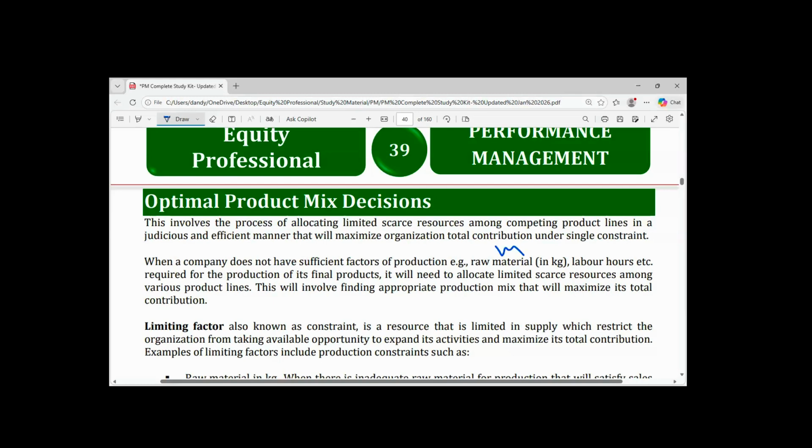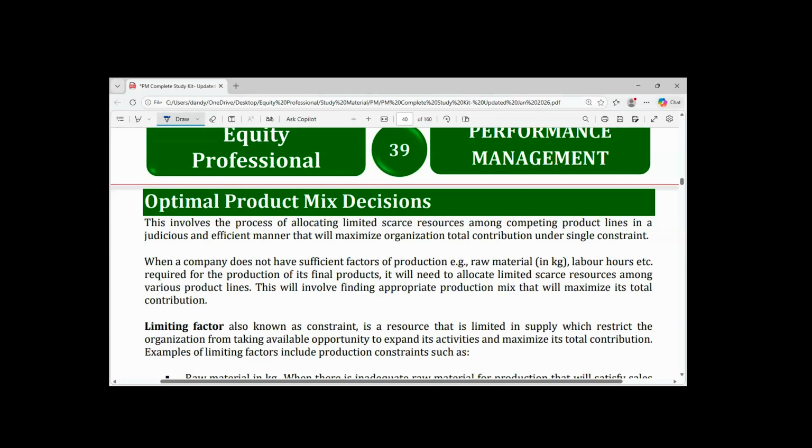All right. So we are going to talk about the introduction to optimal product mix. Thereafter, you will learn about the 2 types of constraints.